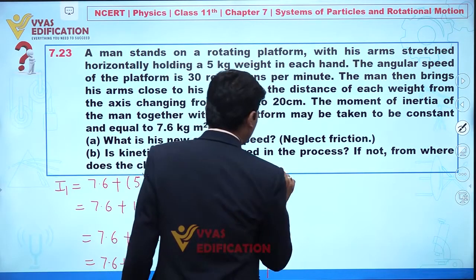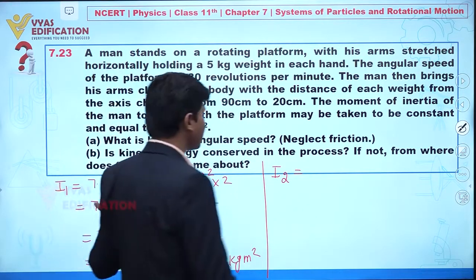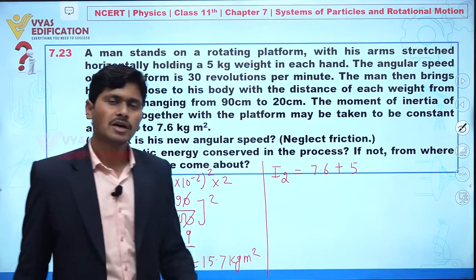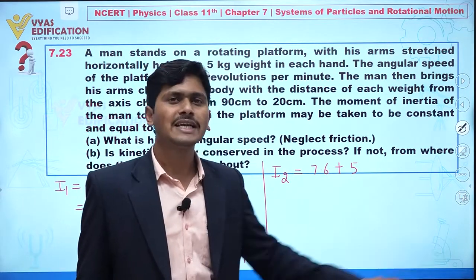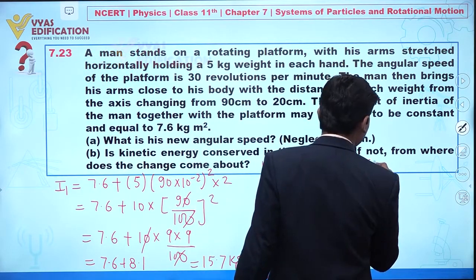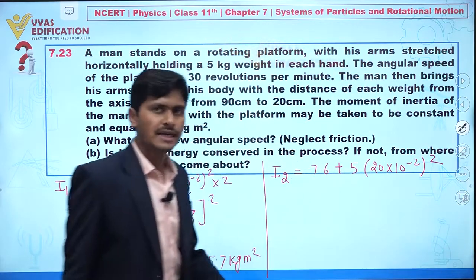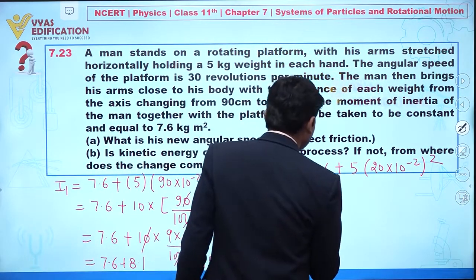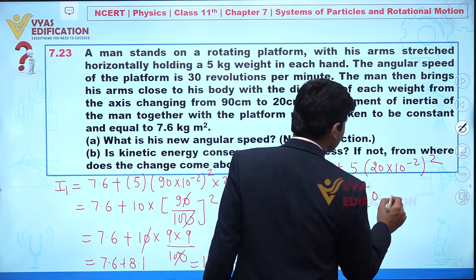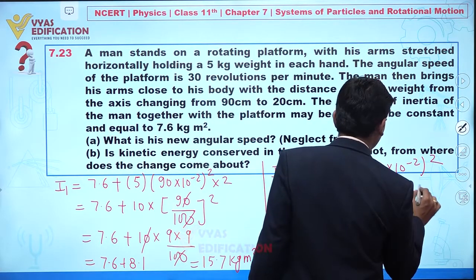Now for the final moment of inertia, 7.6 is a constant, but the distance of the weight from the rotational axis is now changing. So 7.6 plus 5 into 20 into 10 to the power minus 2 whole square, that is 0.2 into 0.2.